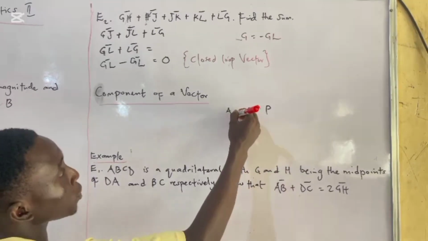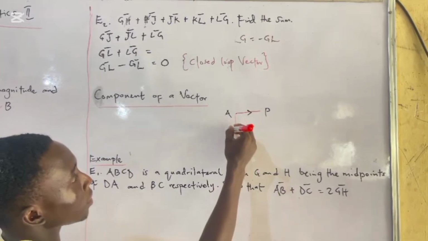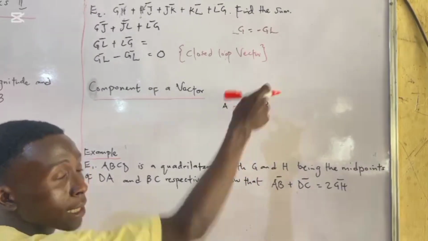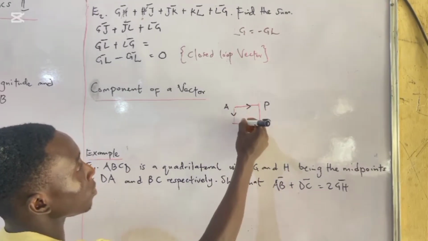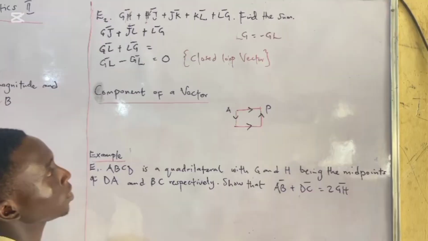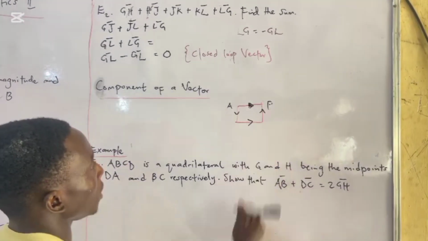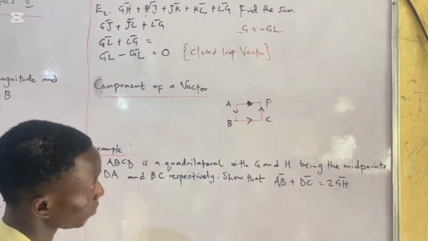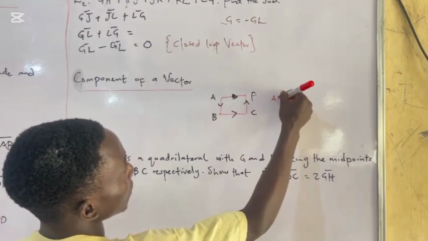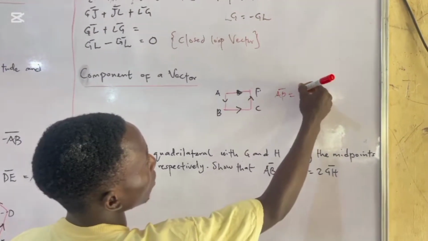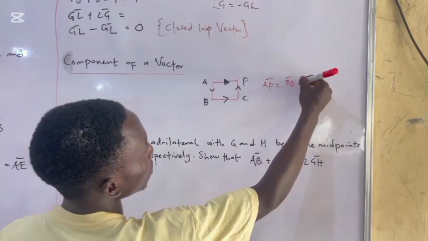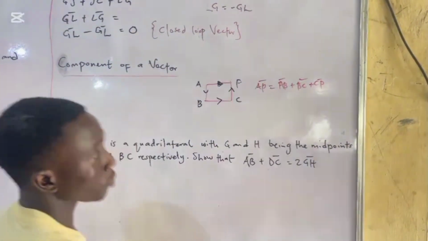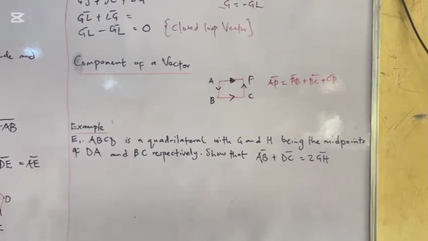You can also have components in a way that can go this way, come here, and still end at P. So that is just it. So this is vector AP, or you can say we have maybe BC. So you can say that vector AP equals vector AB plus vector BC and vector CP. Just an example though.